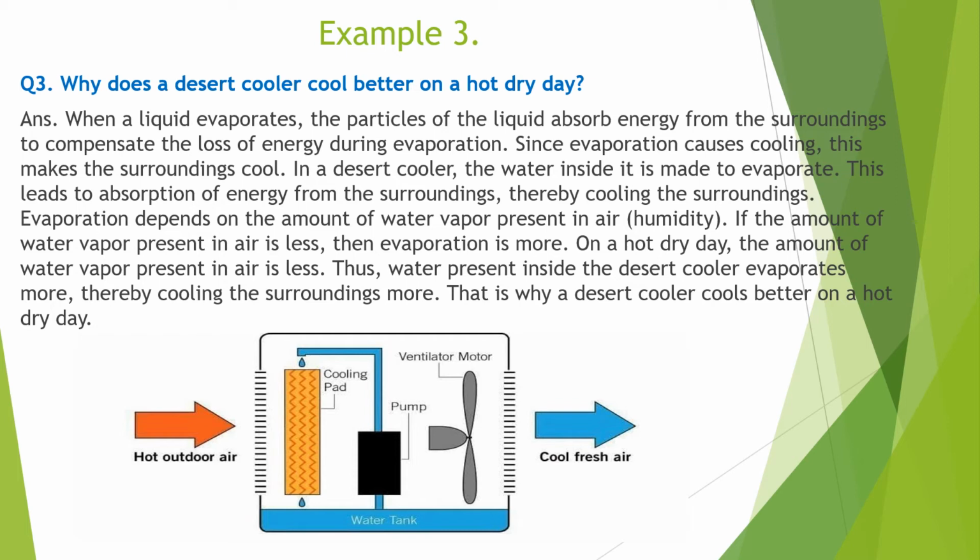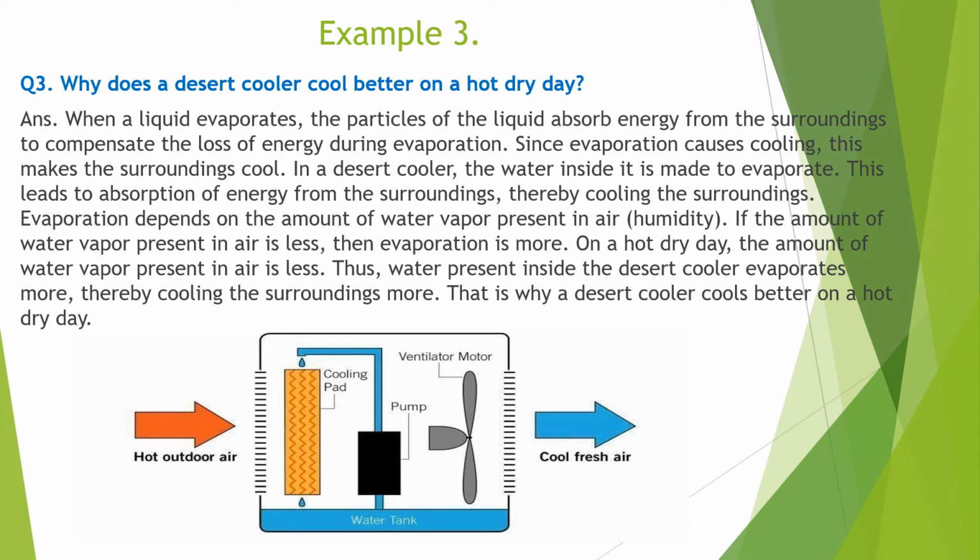In order to compensate that loss of energy, it is gaining energy from the surroundings. Since evaporation causes cooling, this makes the surroundings cool. In a desert cooler, as you see in the diagram, the water inside it is made to evaporate. This leads to absorption of energy from the surroundings, thereby cooling the surroundings.